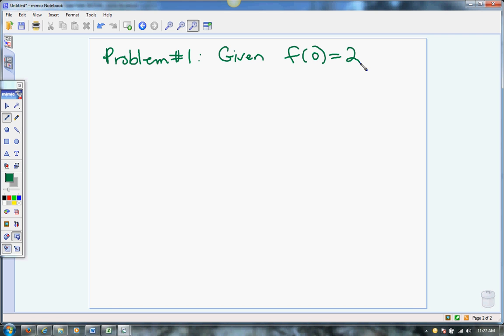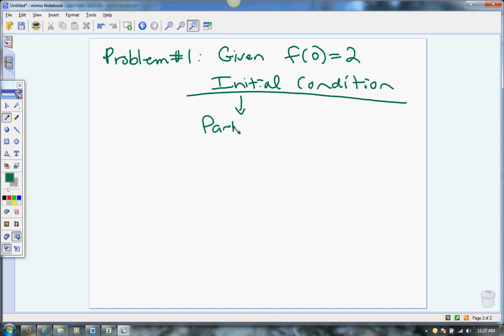If I was given that, this is called an initial condition. If I'm given that initial condition, then now I can find what's called a particular solution to the differential equation, and I'm going to abbreviate that with DE.